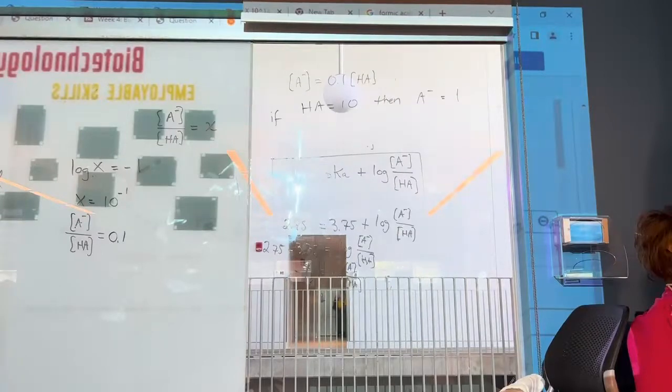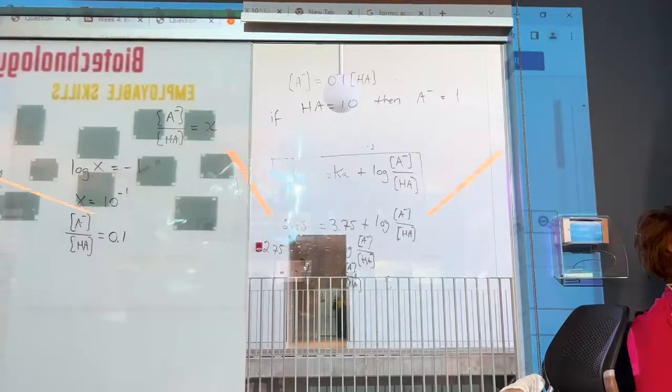I'm trying to digest that statement. The fractional charge, I'm not the only one who's confused. Well, I don't like the word fractional, so I don't think they're expecting a value. The way I ask these questions is as follows. At a pH of 2.75, you have 10 times more acid than the conjugate base.